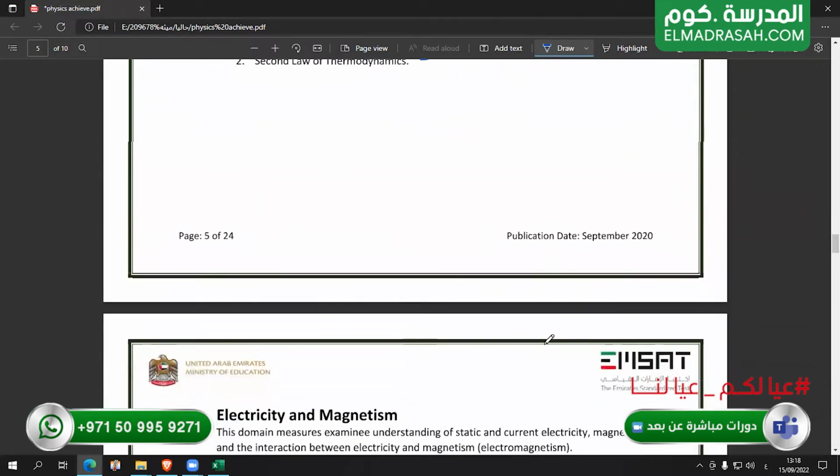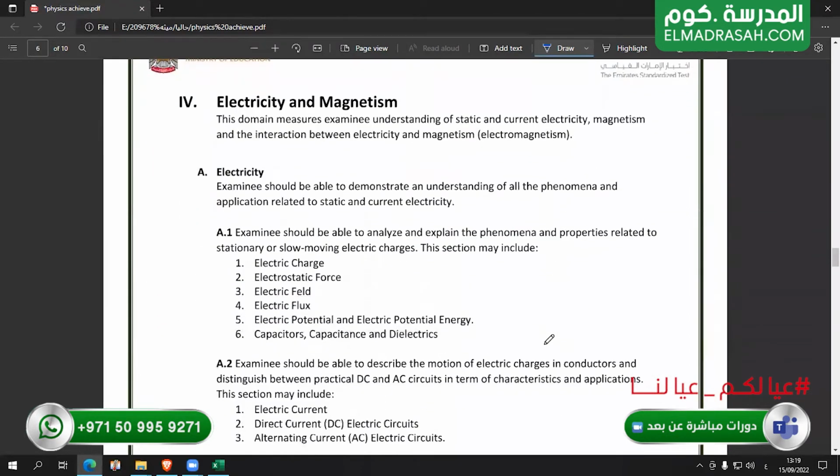And in the section of electricity and magnetism, we will focus on the electric current, static charges, magnetism, and the interaction between electricity and magnetism, which is called electromagnetism.